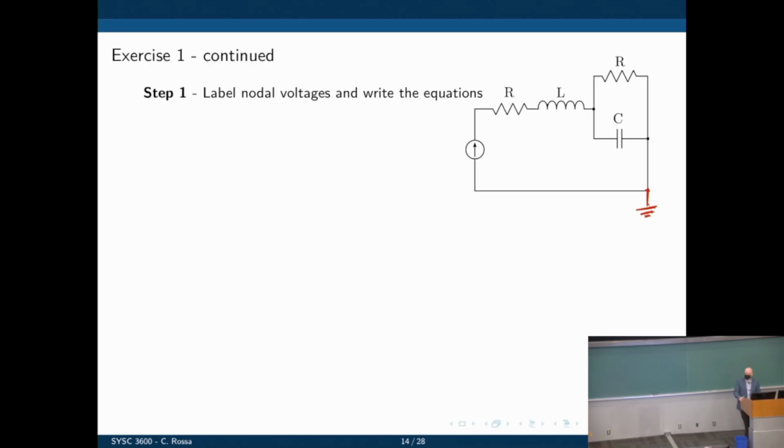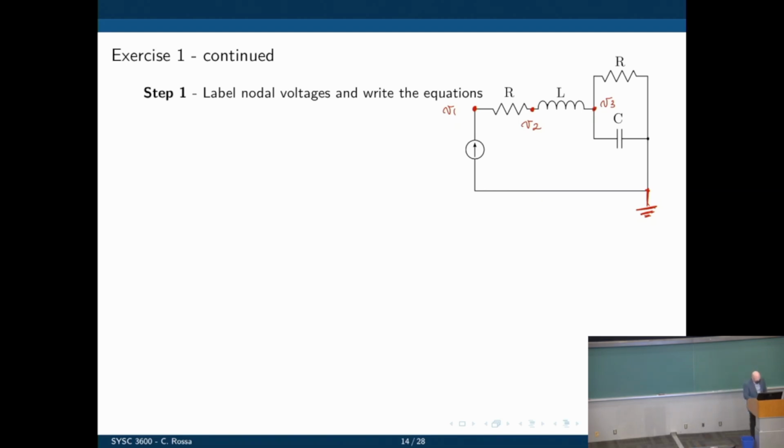In each point where the voltage is different in the circuit. So that is 3. Let's call this V1, this one V2, and that V3, and elsewhere is 0. So with these 3 points, we are able to fully characterize the system.